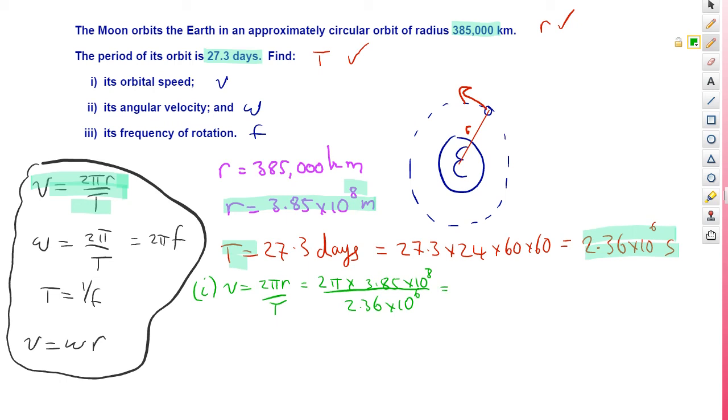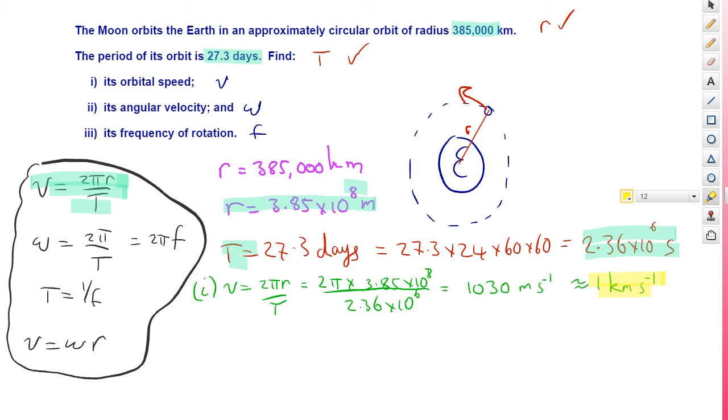And if we stick all that in, then to 3 significant figures, hopefully you agree that we get 1,030 metres per second. That's pretty fast. That's approximately a kilometre per second is how fast the moon is actually moving. That's its speed as it hurtles around in its orbit, which is incredibly fast when you stop to think about it.